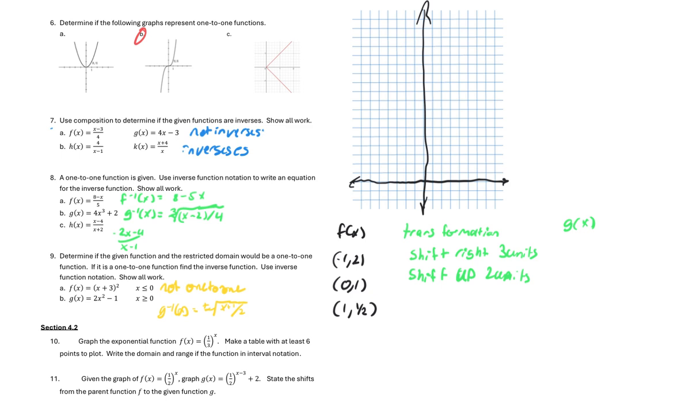So this -1, 2 will add 3 to the x value and add 2 to the y value, so we should get 2, 5. The 0, 1 will go to 3, 3, and the 1, 1/2 will go to 4, 2.5.